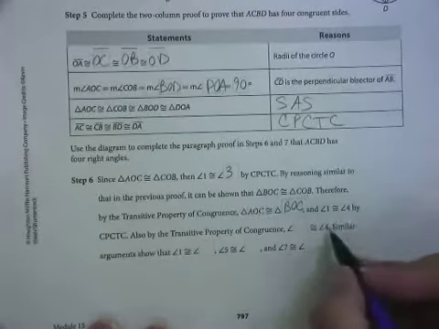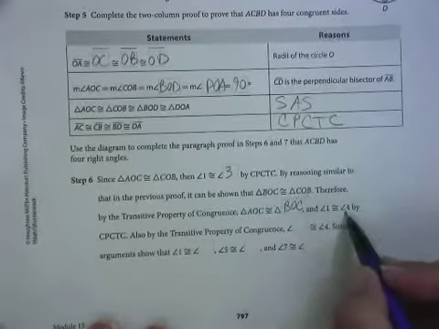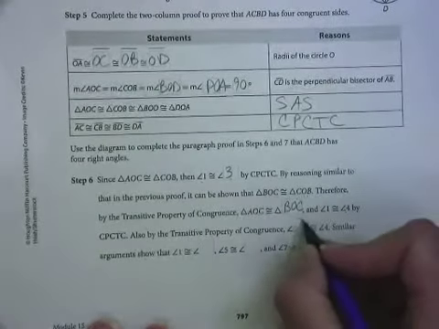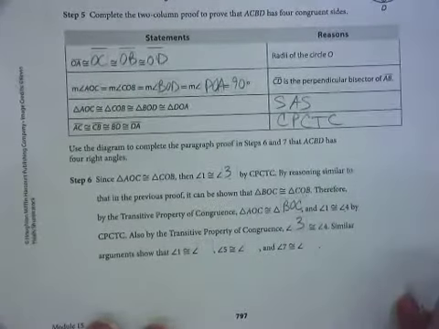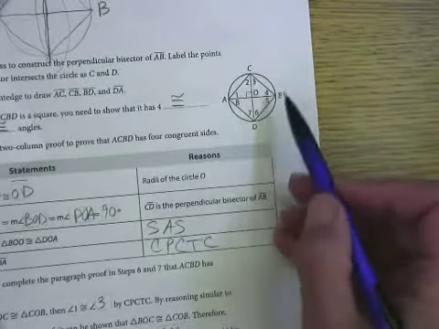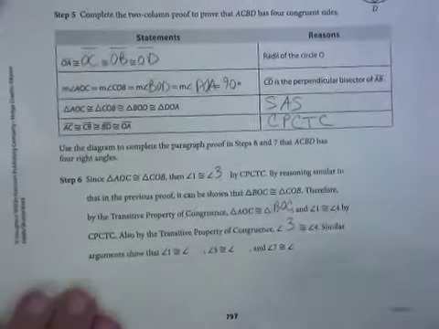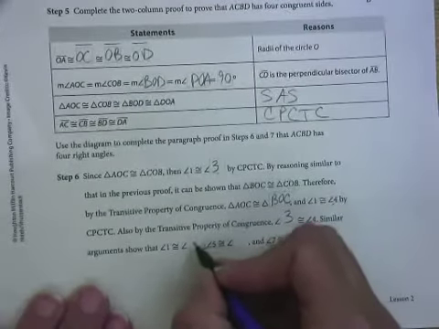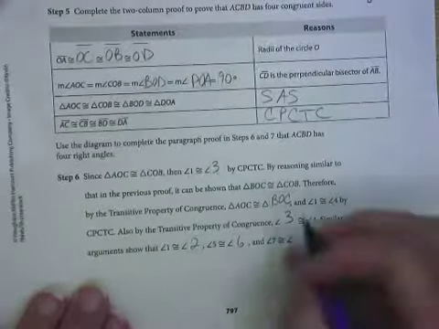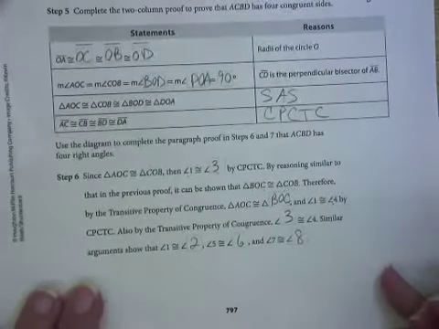So then also by transitive property, if angle 1 is congruent to angle 4 here, and I already knew angle 1 was congruent to angle 3, that means angle 3 is congruent to angle 4. Notice that's these two angles of the triangle. I can use similar reasoning to eventually show that angle 1 and angle 2 are congruent, angle 5 and 6 are congruent, and 7 and 8 are congruent.